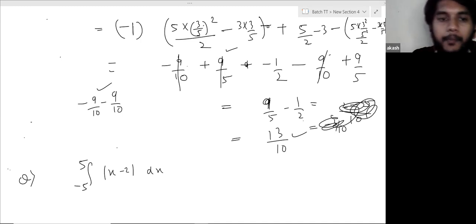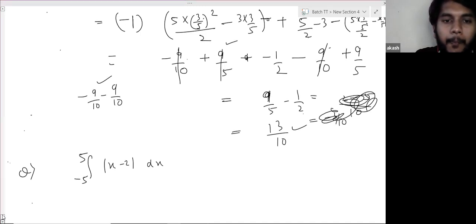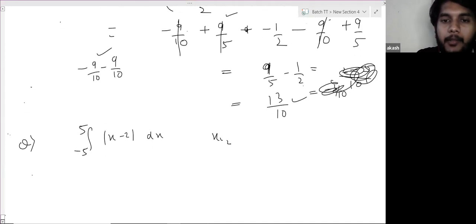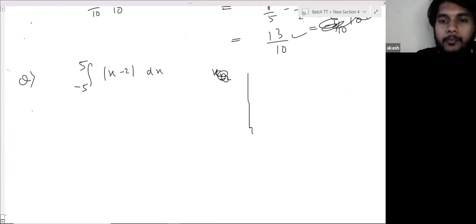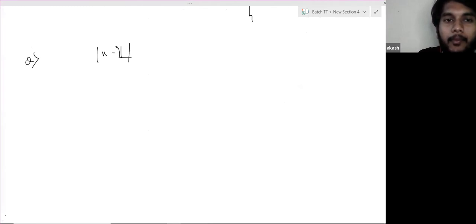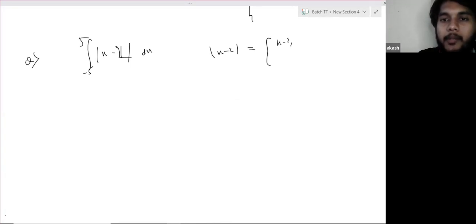Let me solve it then. So integral from minus 5 to 5 of modulus of x minus 2 dx. We can write x minus 2 when x is more than 2, and minus of x minus 2 when x is less than or equal to 2.